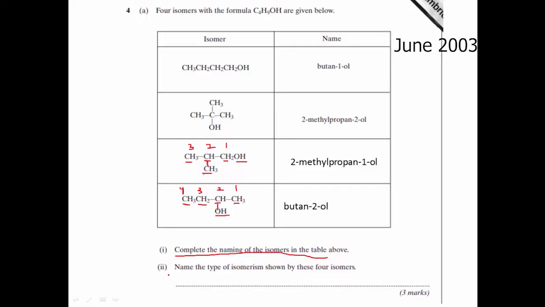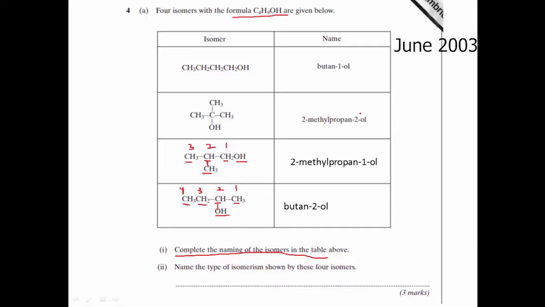Okay, the next one: name the type of isomerism shown by these 4 isomers. It is really clear that they have the same molecular formula, which is C4H9OH, and different atomic arrangements.